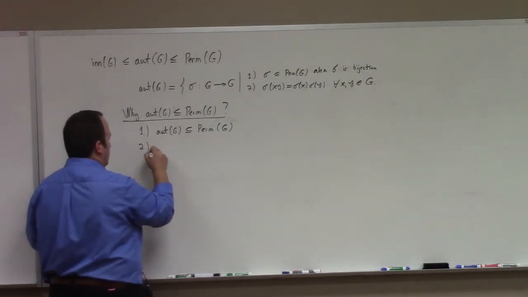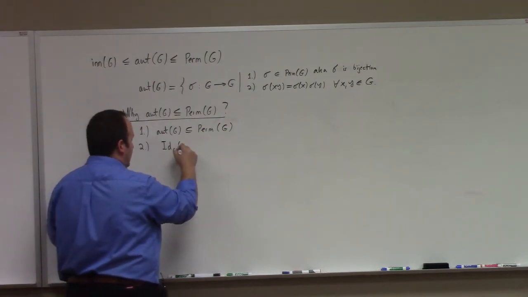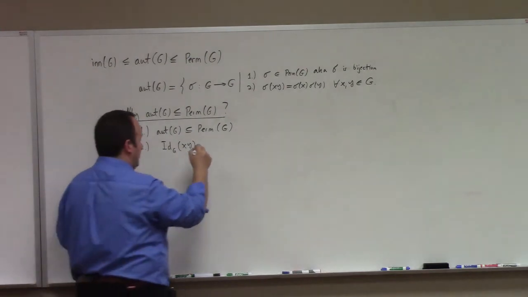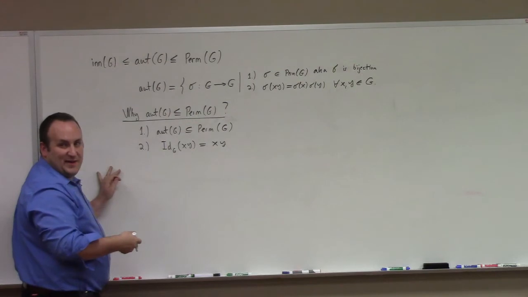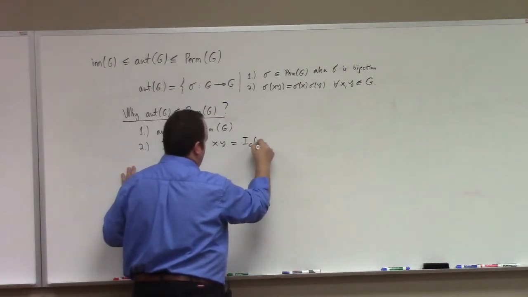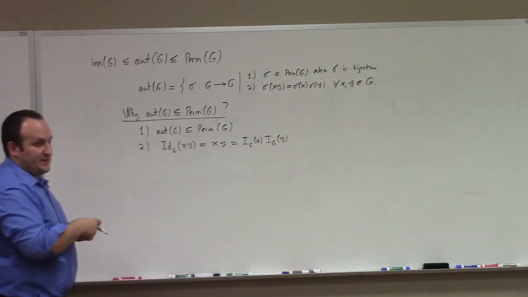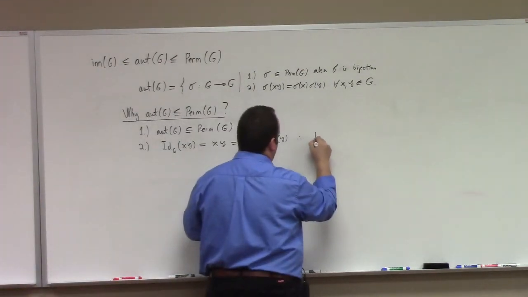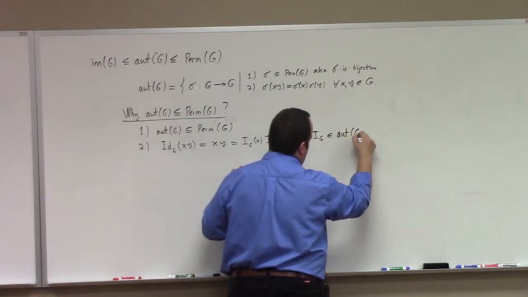Number two, if we look at the identity map on G and feed it x times y, it gives us xy, by definition of identity map, which is also the identity on x times the identity on y. So therefore, the identity map on G is an element of Aut G.